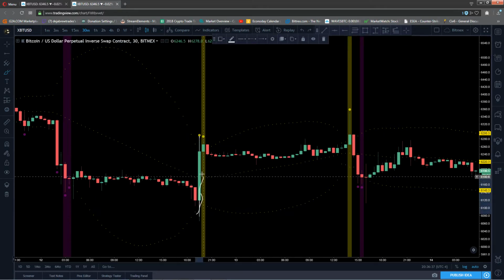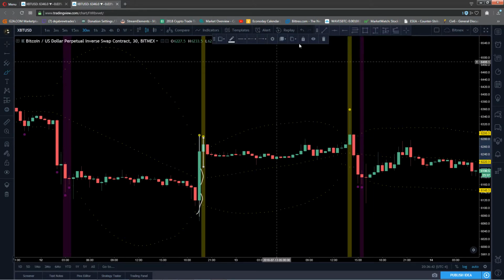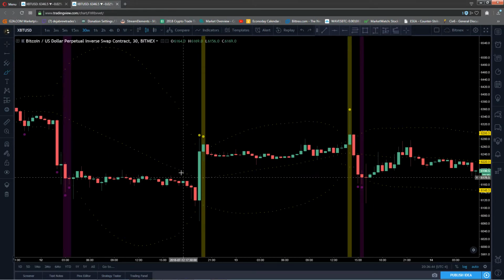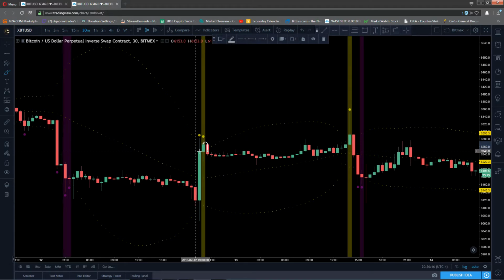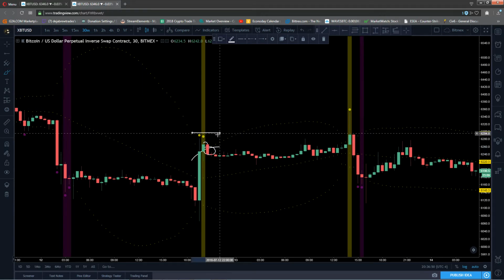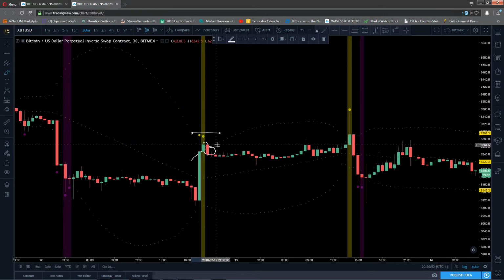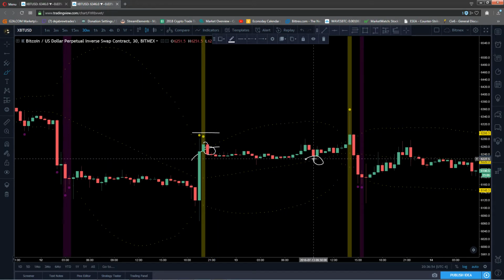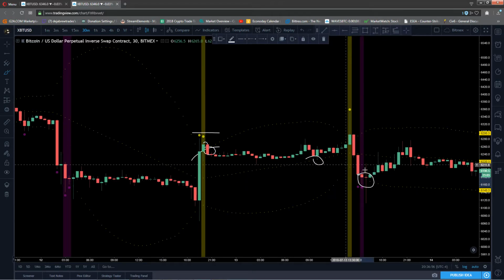So as price exited, this candle gave you that bearish divergence. It's best to enter when it starts to re-enter the upper band. So you could have taken your entry here, stop loss above the wicks or above the upper band, and then you target the mid band or you target the low band, depending on your risk tolerance.